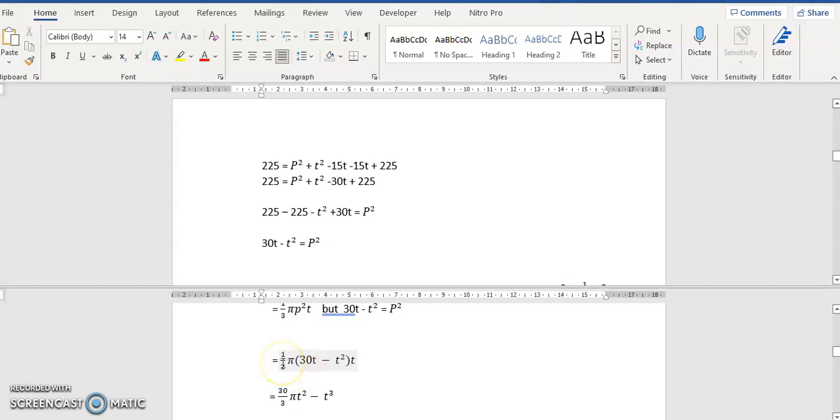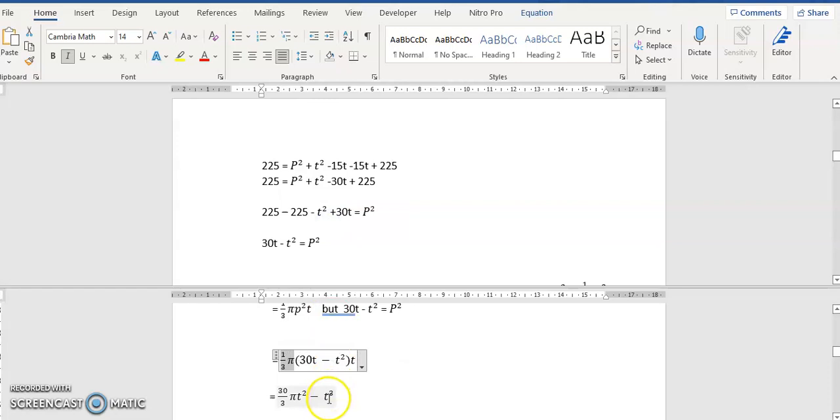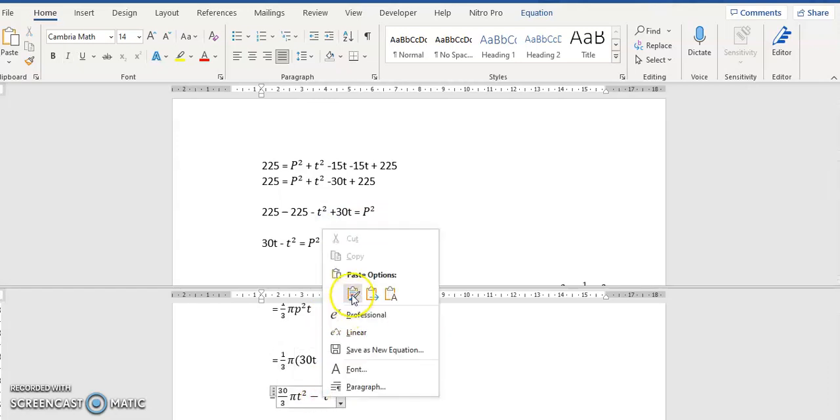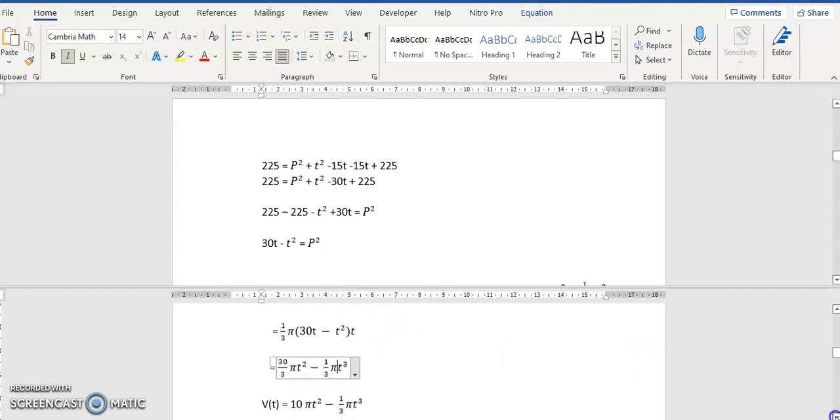Then we are going to have our pi. The pi over this must come. So we have this. So 30 divided by 3 is going to give us this one. Then we have our pi t squared. So we have proved it.